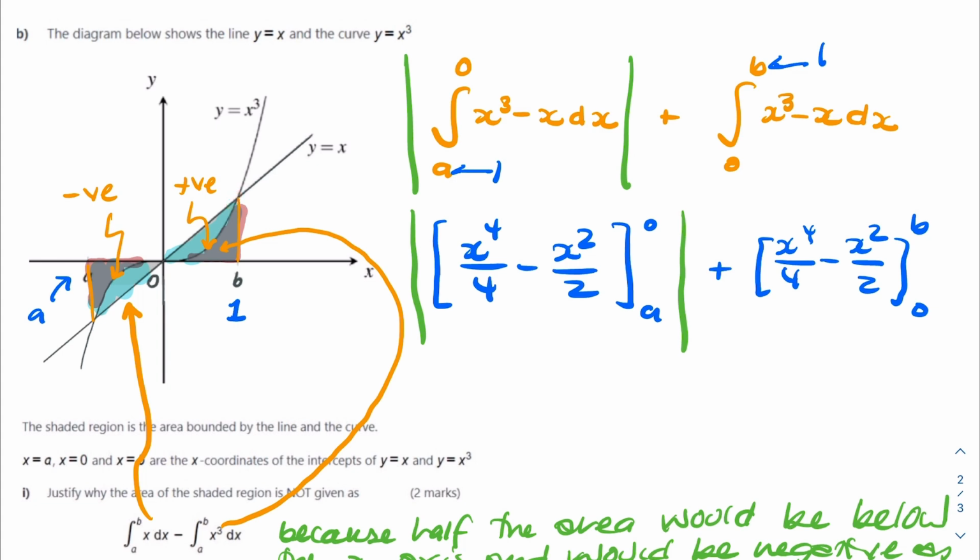So you end up with a quarter minus a half, absolute value, plus a quarter minus a half.